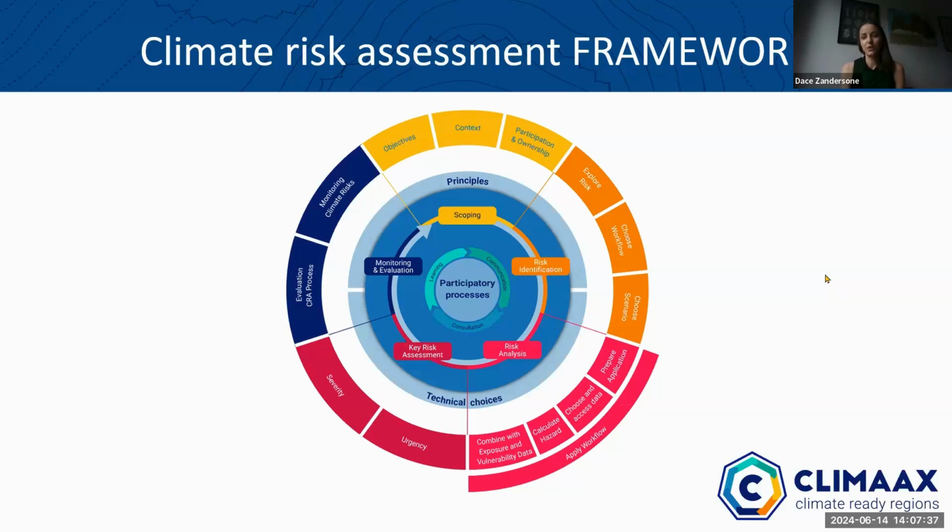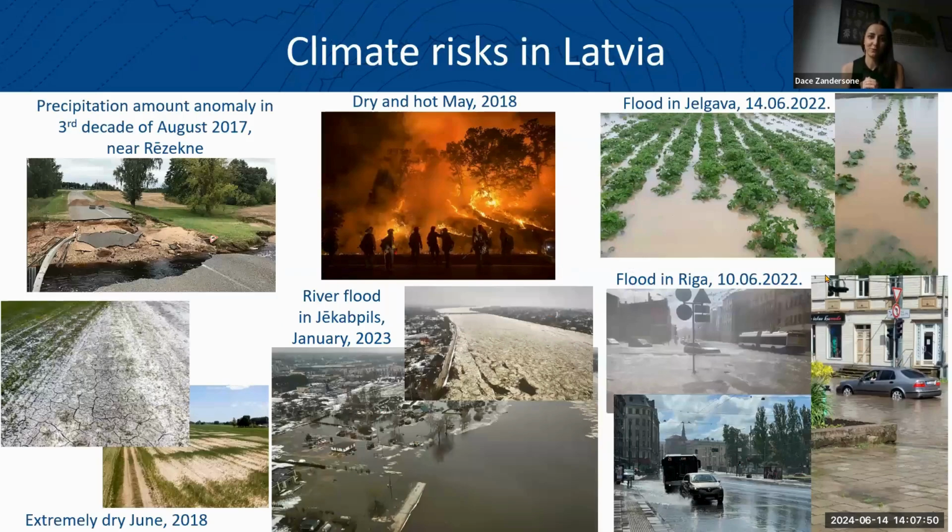In this presentation, I will try to go through the framework so that you can understand how we are looking at it and how we are trying to do it step by step. First of all, there is a scoping phase where we have to think about the climate risks that we have. In Latvia, we have different kinds of climate risks, starting from dry periods with hot weather and wildfires, then floods based on precipitation or river floods, and of course heat waves and so on.